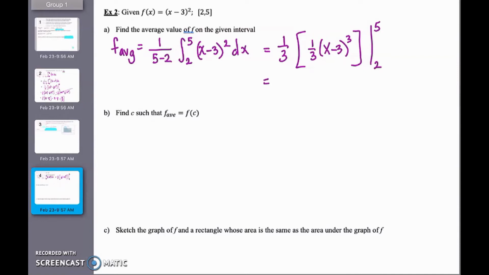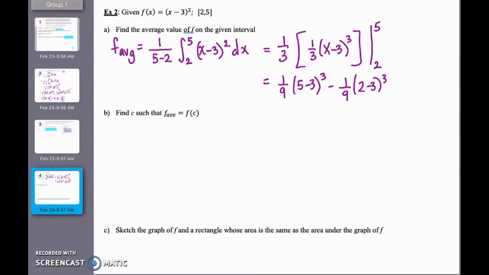So now I just do the math here. When I multiply 1/3 times 1/3, I have 1/9. And then (5 minus 3) cubed minus (2 minus 3) cubed, just plugging in my limits of integration. 5 minus 3 is 2. 2 cubed is 8.